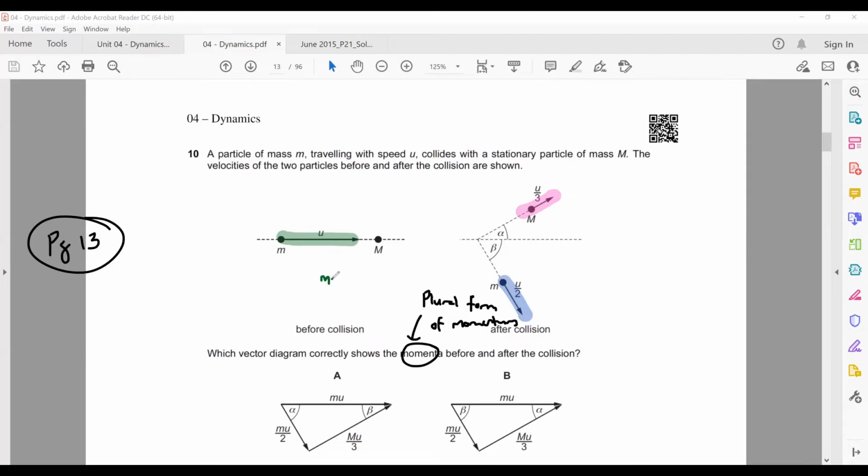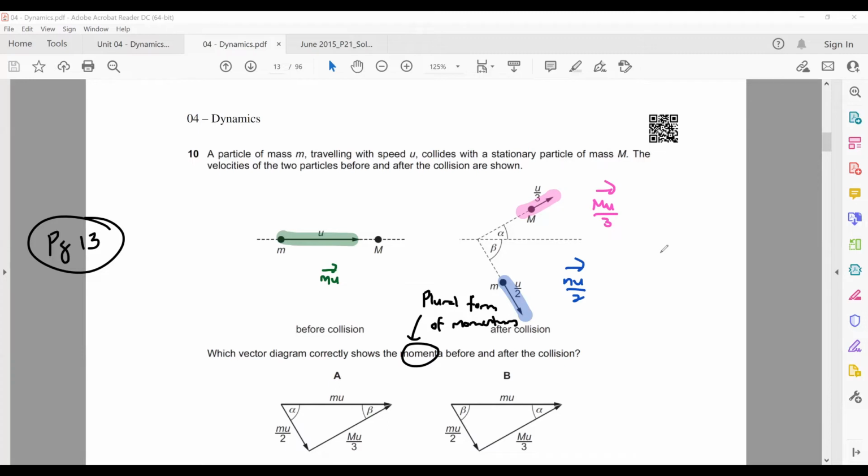This one was just going to be big M, this one is mu over 3, and this one is mu over 2.